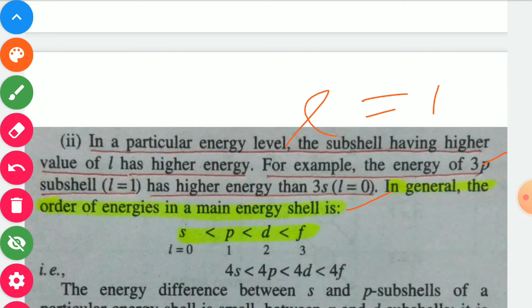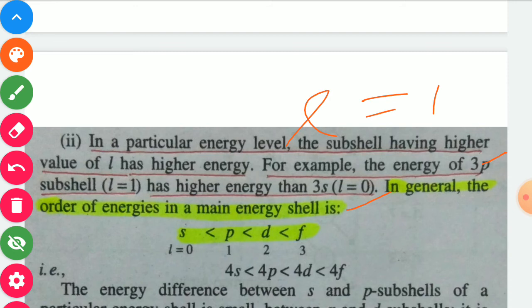In general, the order of energy in the main energy cell, where main energy means the principal quantum number and azimuthal quantum number: the energy of the s subcell is less than the p subcell, the energy of the p subcell is less than the d subcell, and the energy of the d subcell is less than the f subcell.